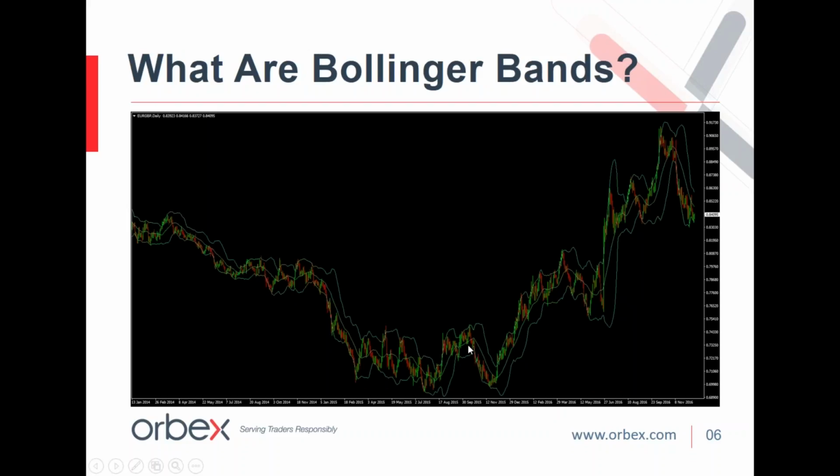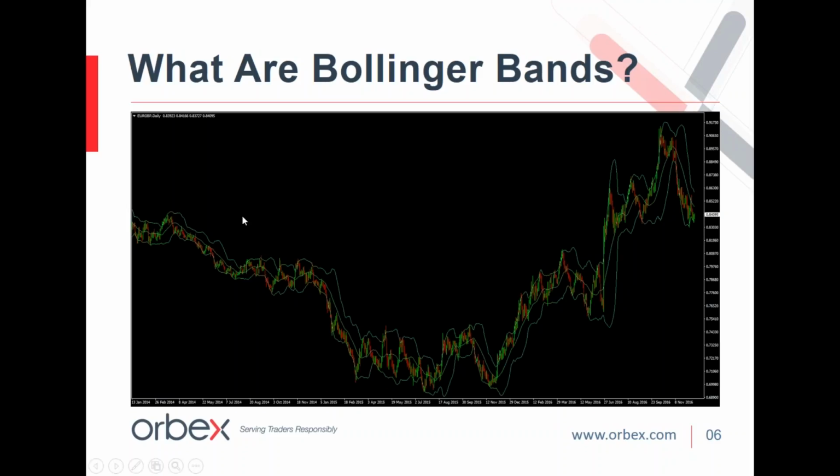So this is what Bollinger Bands look like, okay? So this funny indicator which shows these bands wrapped around price and then this line running through the middle of price. So as I say, the line running through the middle of price is typically a 20 period moving average. And then the upper lines indicate two standard deviations above the moving average, where the lower lines then indicate two standard deviations below the moving average, okay?